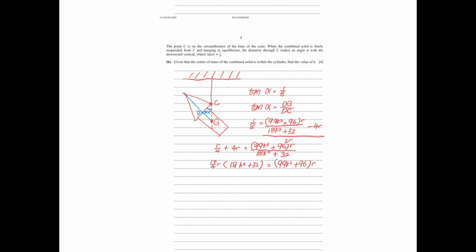I can cut the R away from both sides, as you can see in blue color. Continuing: 306k squared plus 544 equals 396k squared plus 384. 99k squared equals 160, so k equals 4/3. That's all for these questions. Thank you.